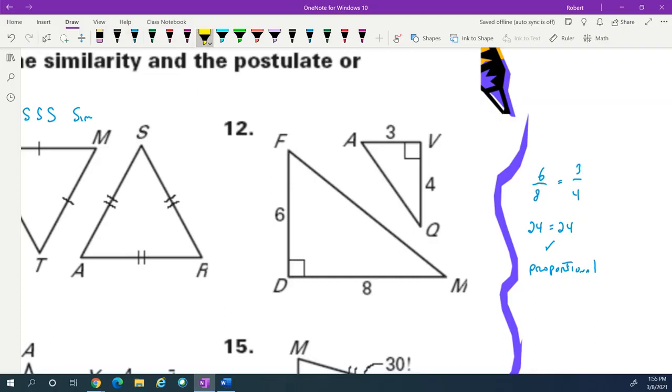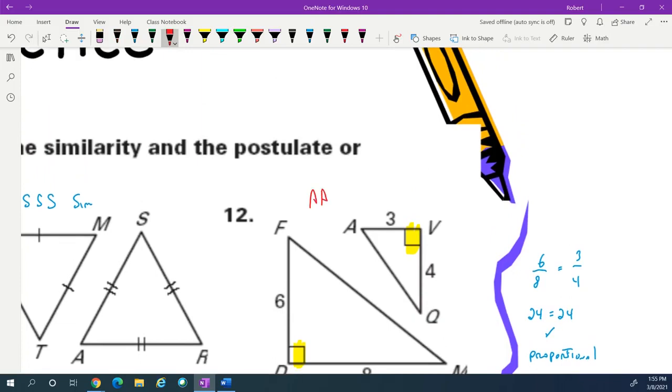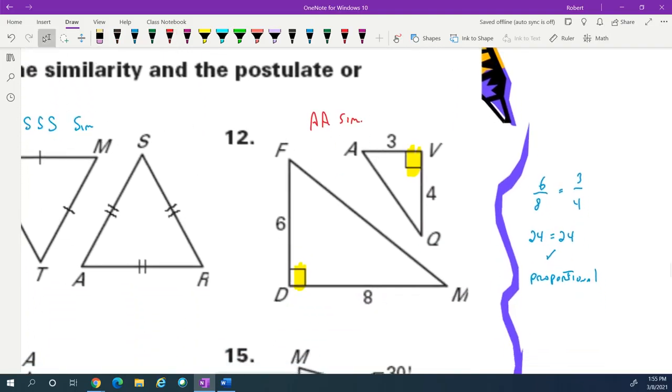So we have the pair of sides and the angle between them. So that's a similarity. But we have to test those sides.